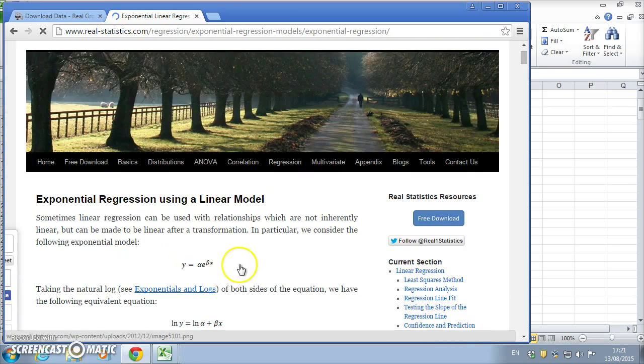And what we have here is, let's say we have a particular series and we expect that it'll grow over time.